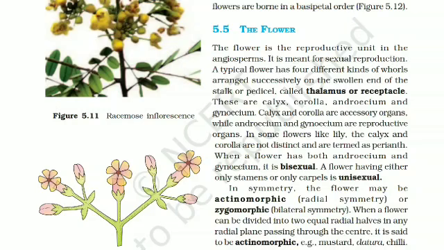Calyx and corolla are actually accessory organs, while androecium and gynoecium are reproductive organs. Now, in some flowers like the lily, the calyx and corolla are not distinct and they are termed as perianth. So, when you cannot see the calyx and corolla separately, then they are called perianth.